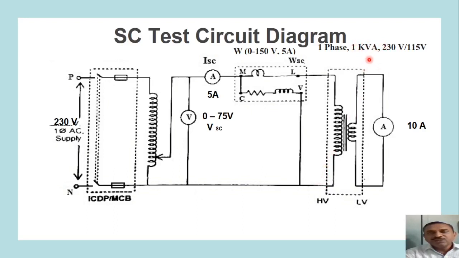We know that V1 into I1 divided by 1000 is equal to the kVA rating. So by that formula we can calculate I1 and I2. As the transformation ratio V2 upon V1 is 1/2, the current on the secondary will be double that of the HV side.